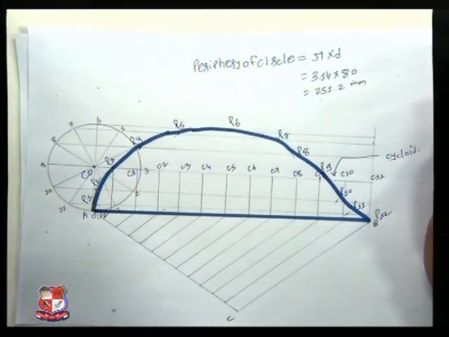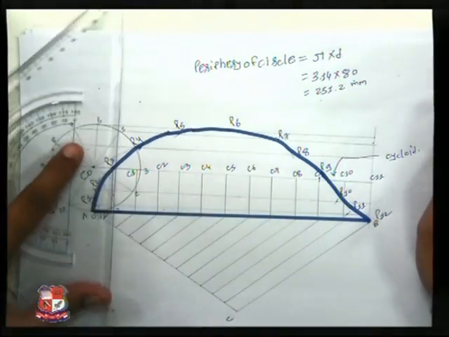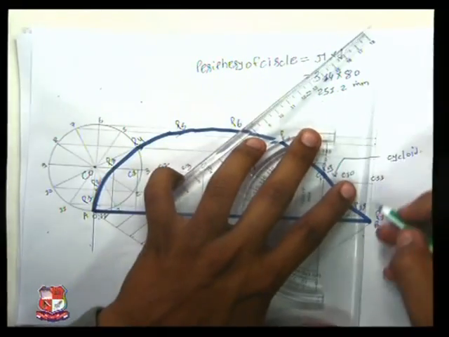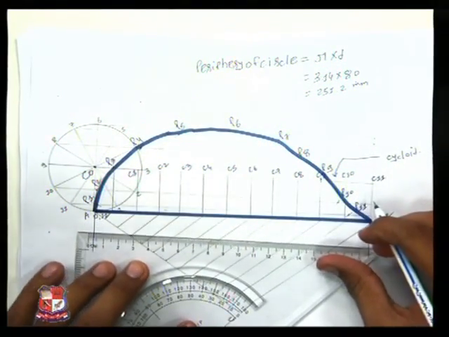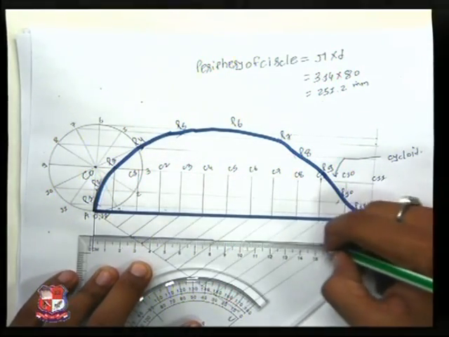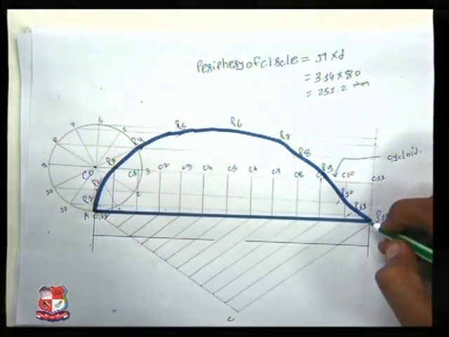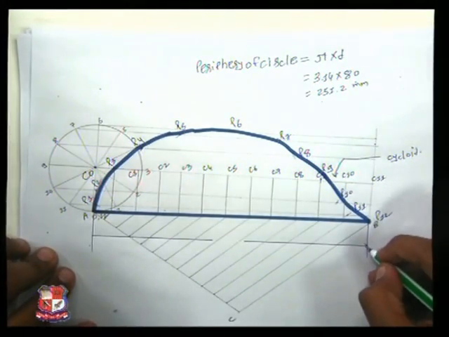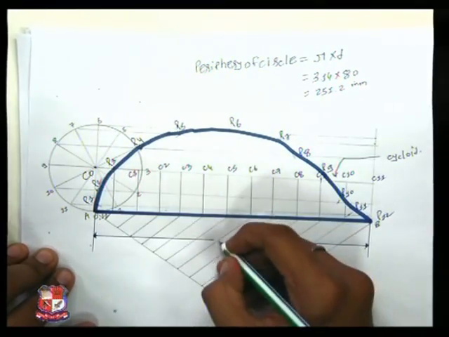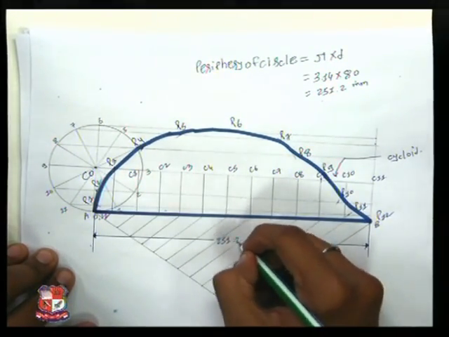Cycloid. Also give the dimension of the periphery. The periphery dimension is 251.2 mm.